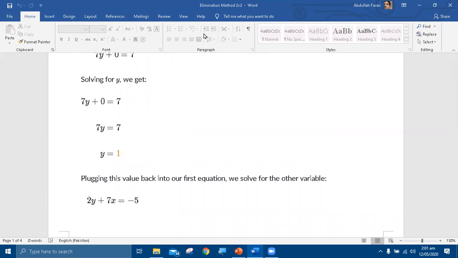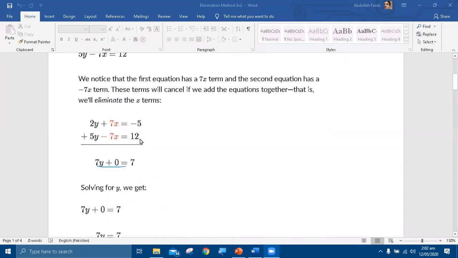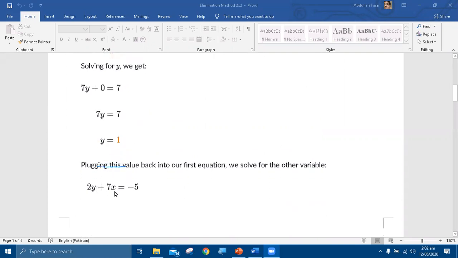Now, when we have this value of y, we plug it back into any of the two equations. I'll plug this back into the first equation, 2y plus 7x equals minus 5.